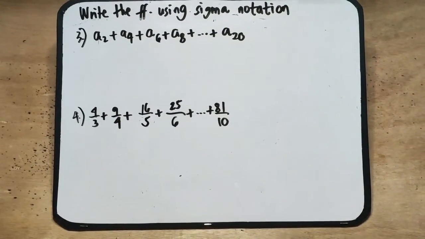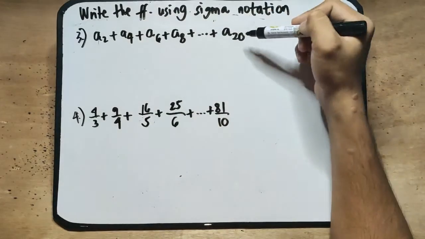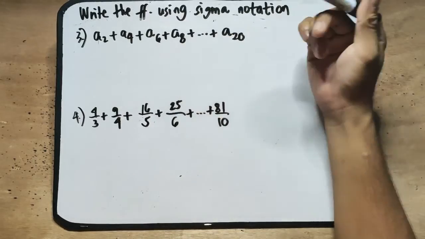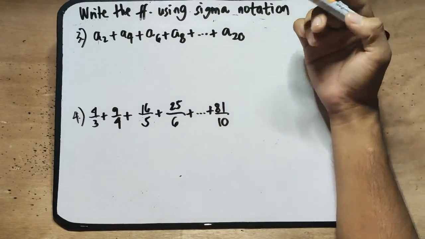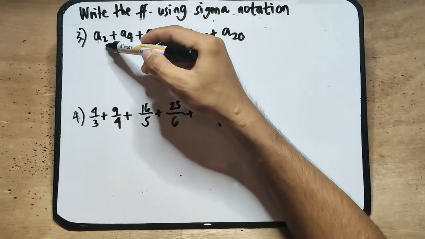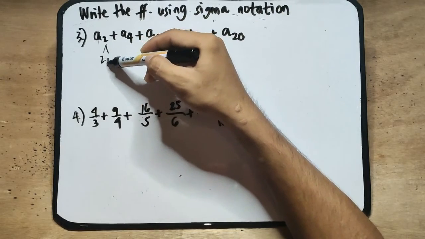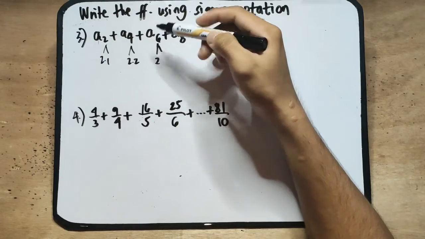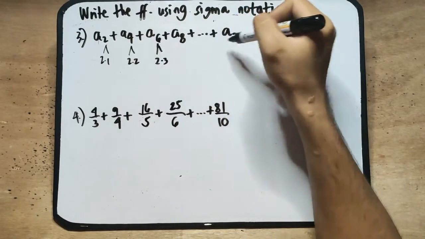So, for the next item, we have a sub 2 plus a sub 4 plus a sub 6 plus a sub 8 plus up to a sub 20. So, as you can see, yung mga subscripts nila ay multiples ni 2. So, paano makukuha si 2? We have 2 times 1. Paano makukuha si 4? 2 times 2. Paano makukuha si 6? 2 times 3 and so on and so forth.